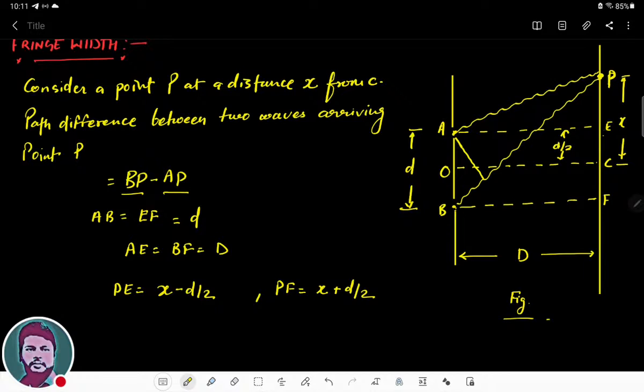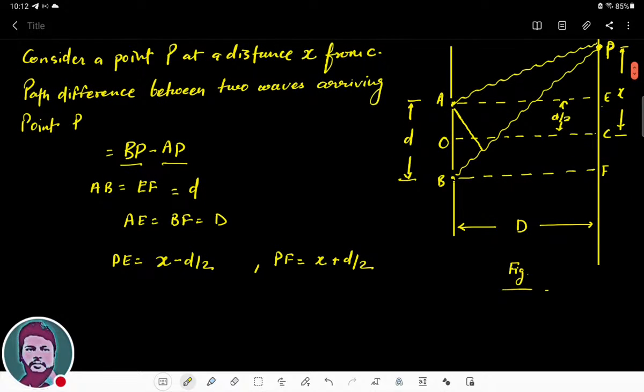In these triangles we know the base, that is d, and we only have to find the perpendicular. If we know two sides of a right angle triangle, then we can calculate the third one. So in these triangles we have to find the values of AP and BP.